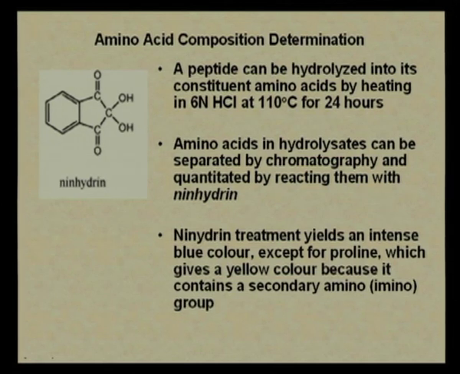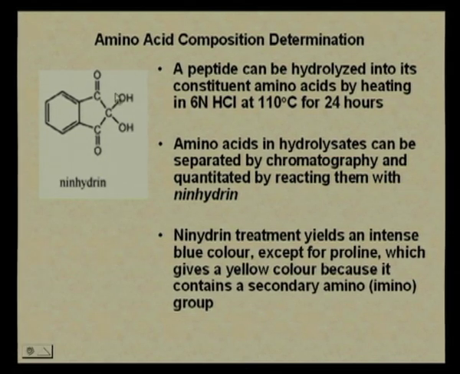It will just give you an overall identification where you can then separate them by what is called chromatography and figure out how many of each you have, how many alanines, how many glycines, how many aspartic acids, how many glutamic acids, and so on and so forth. But it gives you no information about which order they are in.